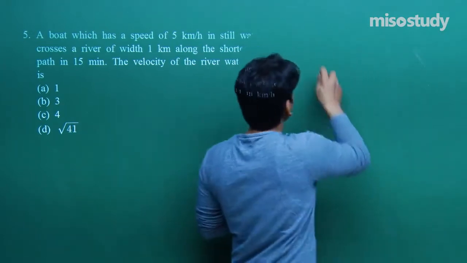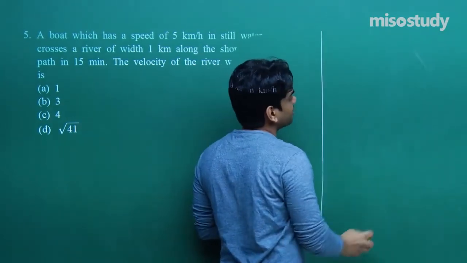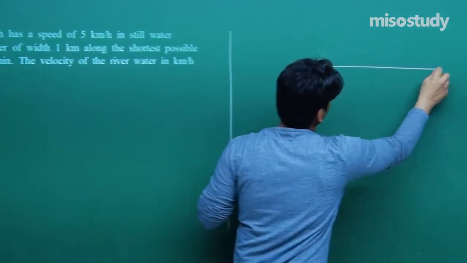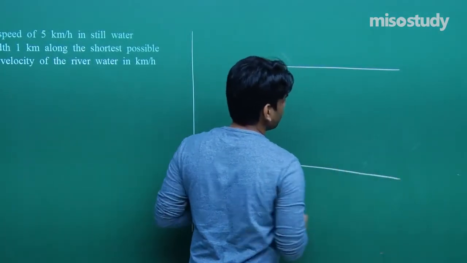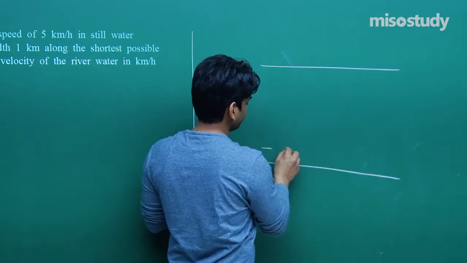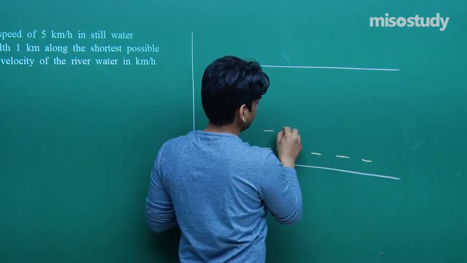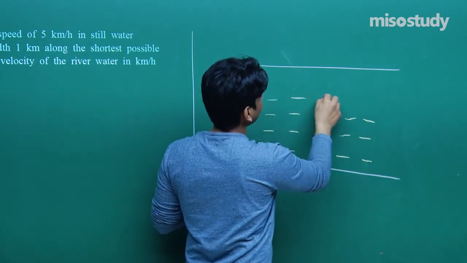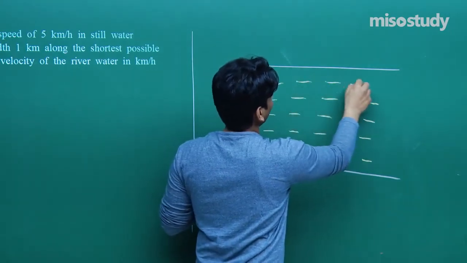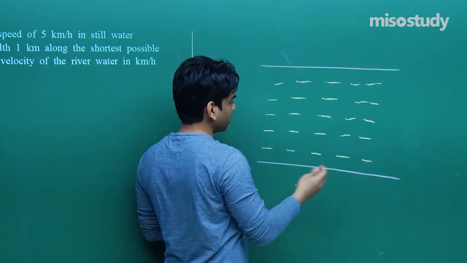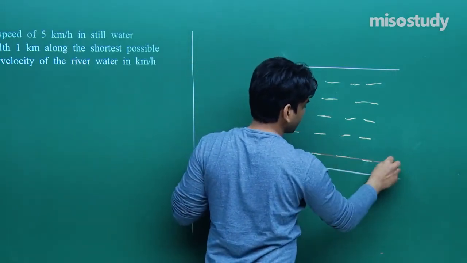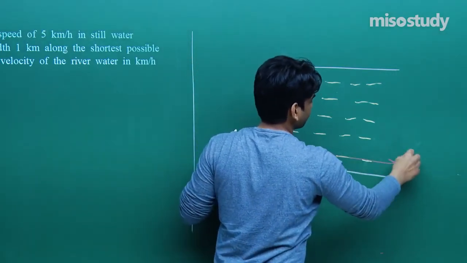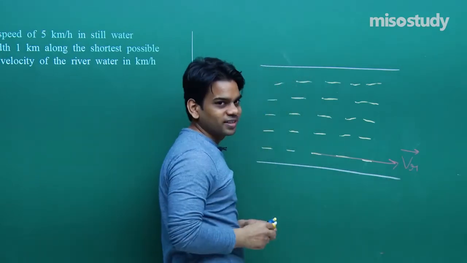Now see, I have discussed such kind of river and boat problem in the class. Suppose this is the river, and the river must be flowing along one side. Let me show you how the river is flowing. Let us say this is the velocity of the river, flowing towards the right.